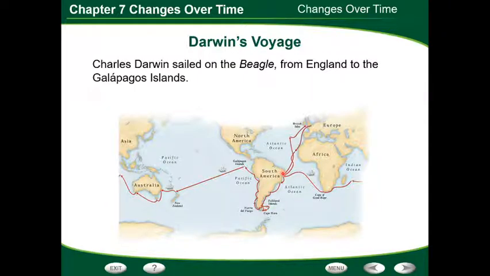There were also remains of ancient organisms, and a lot of the characteristics of organisms on this Galapagos Island, which was the biggest part, were very similar to what was on the mainland. This is where he started getting his ideas, from these observations he was making on his journey.